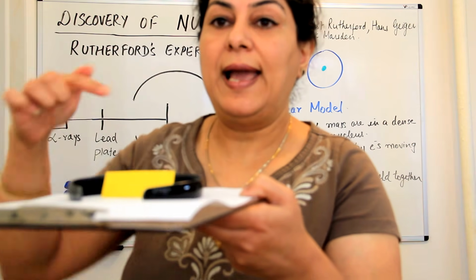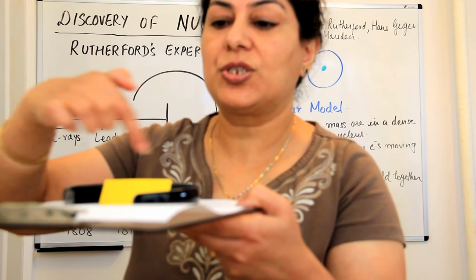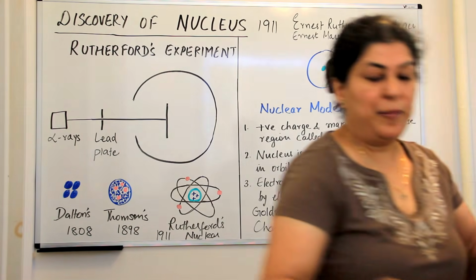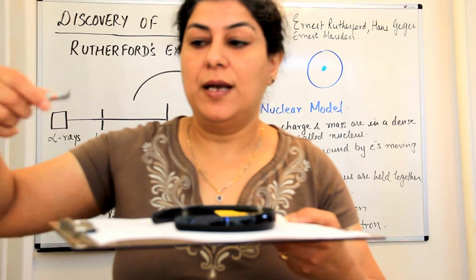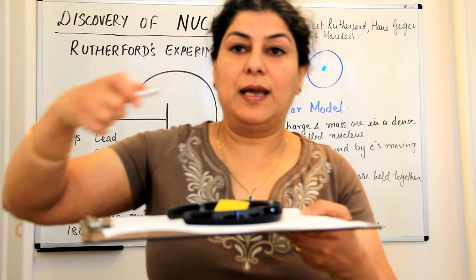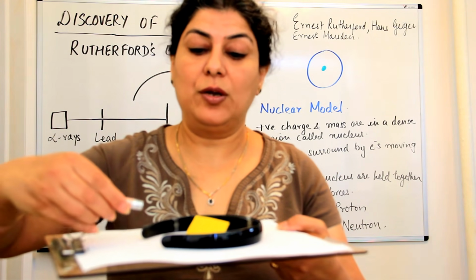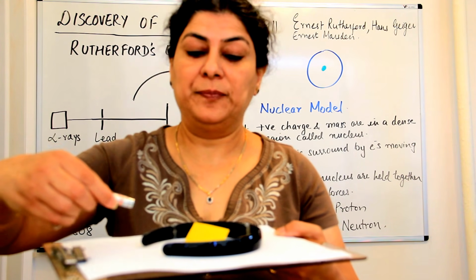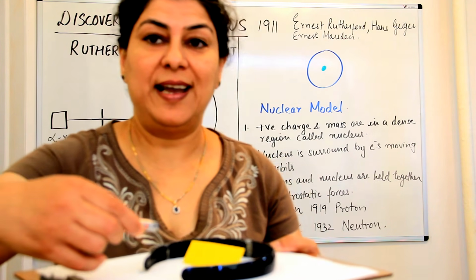And he used the alpha particles. The alpha particles were nothing but like this gun that can put light over the gold foil. The alpha rays, this is like the laser gun, shooting light at the gold foil.